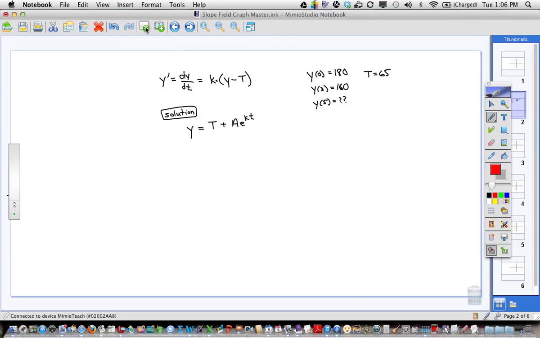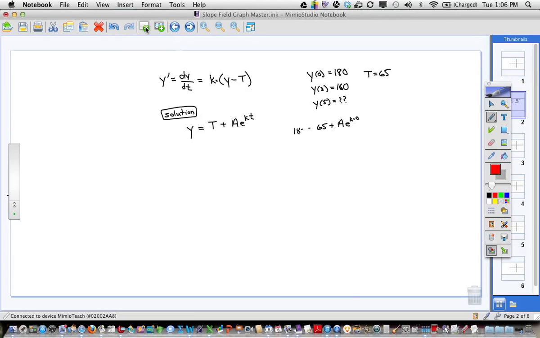So where do I start? Into my solution. So zero is always a good one to start with, right? So let's put that first one in. So we put what in for Y? 180 equals 65 plus A times e to the K times 0.